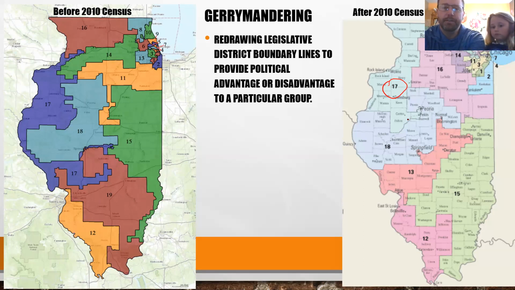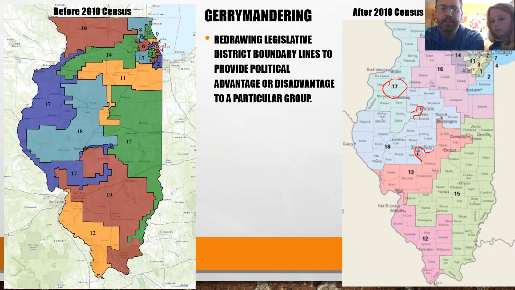So you see how District 17 kicks out around Peoria here. All right, so Peoria is probably more of an urban setting, probably more likely to see some Democrat voters in that area. So you see that District 17 kind of gerrymanders into that area to make sure they pick up those Democrat votes. Same thing if you look at District 13 here, it kicks out just around the city of Springfield.